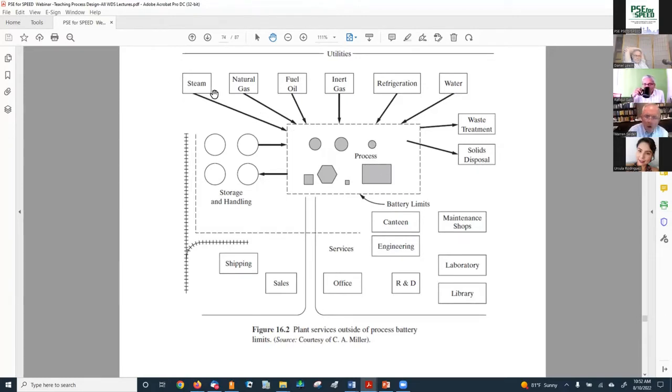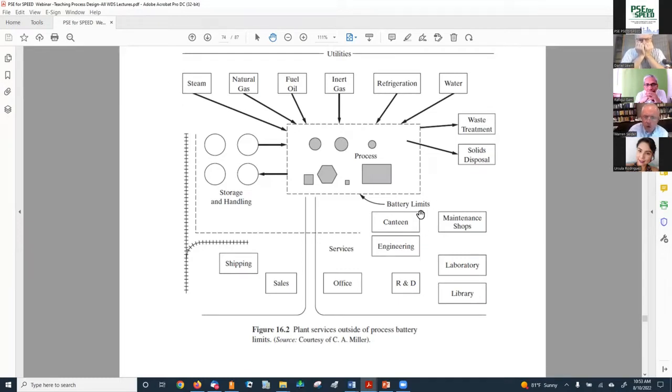Now, all processes will require utilities. So the students need to know about all the different kinds of utilities. You can read this. I don't think I have to tell you. You need to be able to take waste streams and treat them, so we have to have a way of charging ourselves for that. And you need a way of disposing of solids and charging yourself for solids disposal.